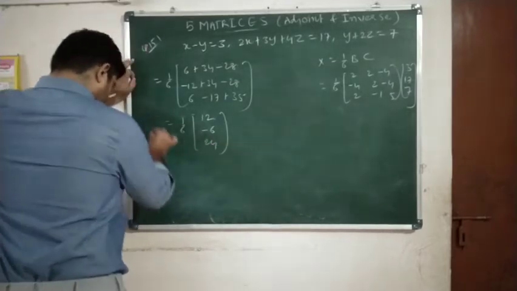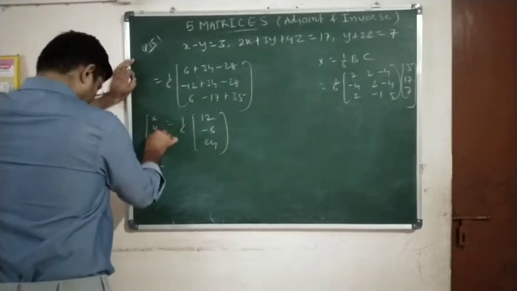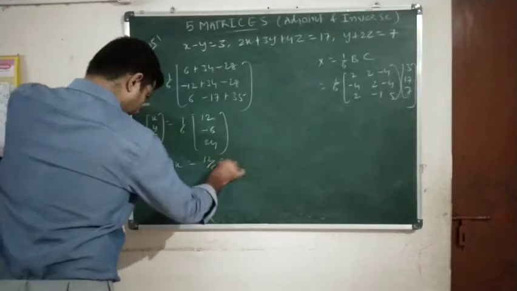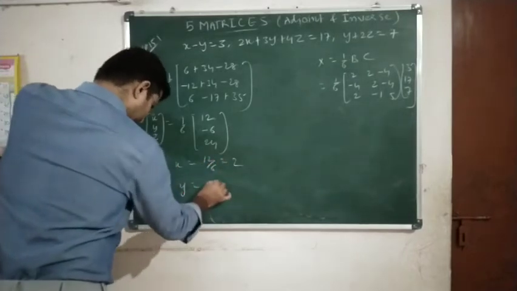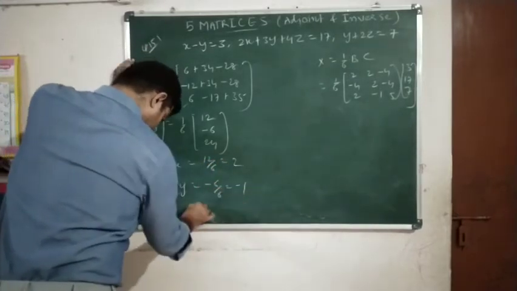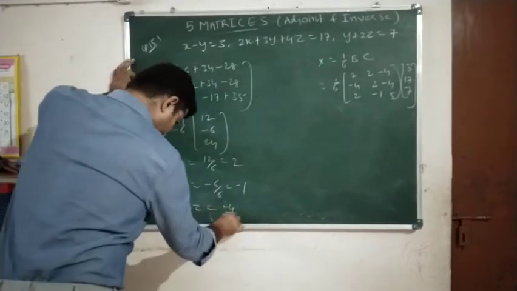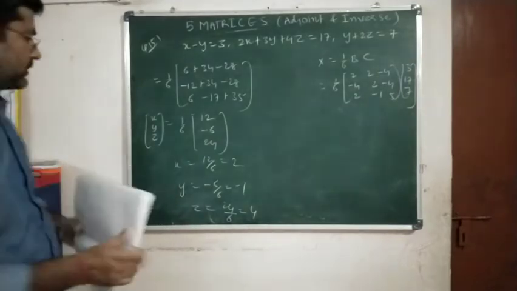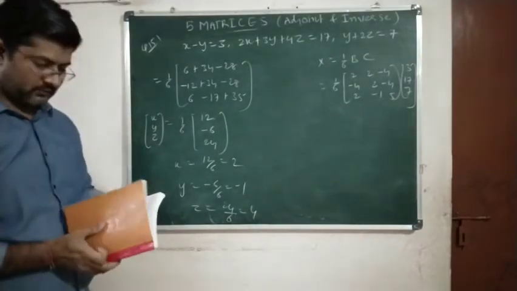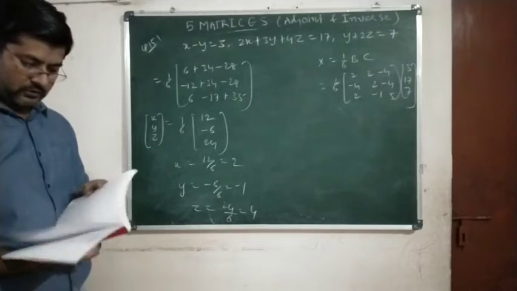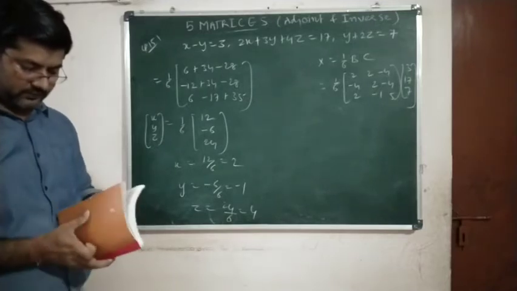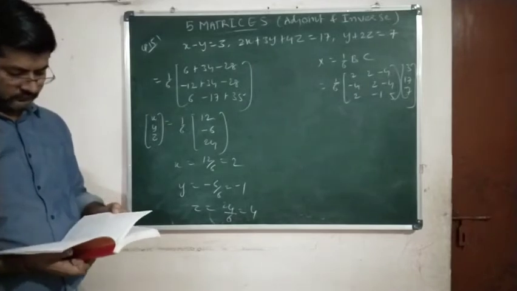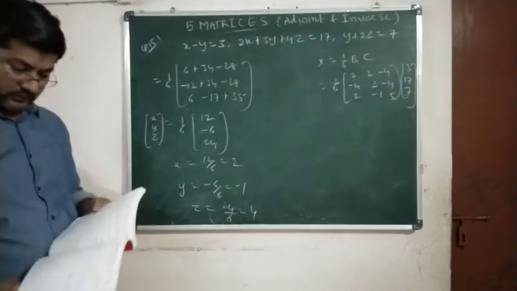So therefore x, y, z is equal to, x is 12 by 6, y is minus 6 upon 6, and z is 24 by 6, which is 4. So we got the three values to be 2, minus 1 and 4. This was question number 15. 2, minus 1 and 4. Okay, so done.